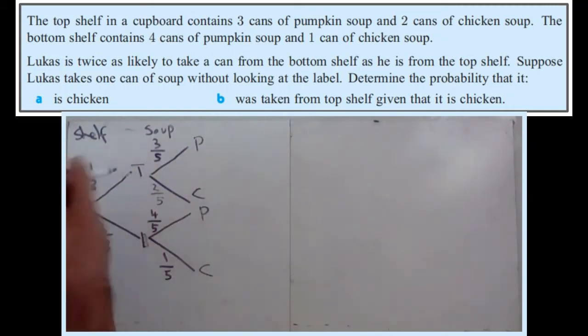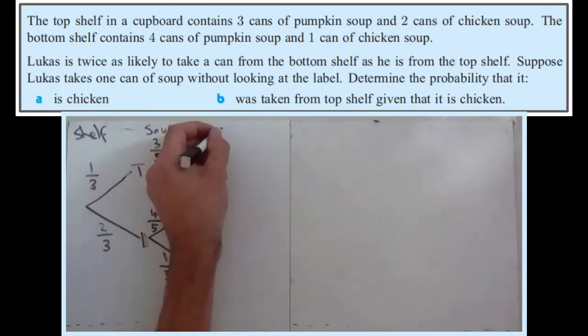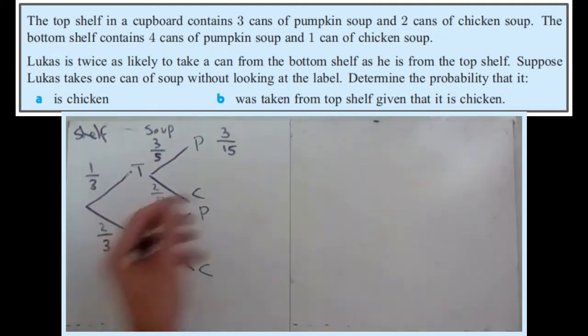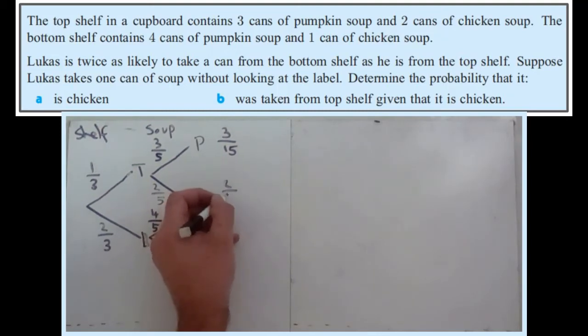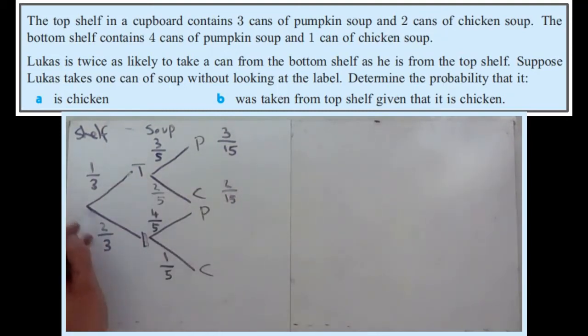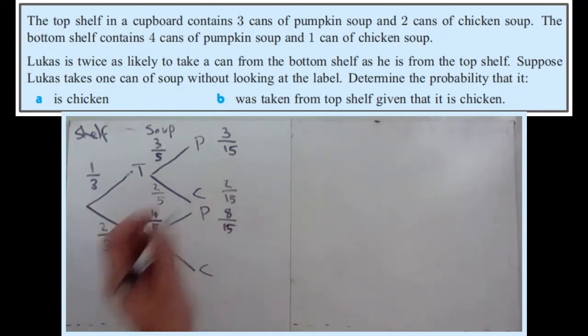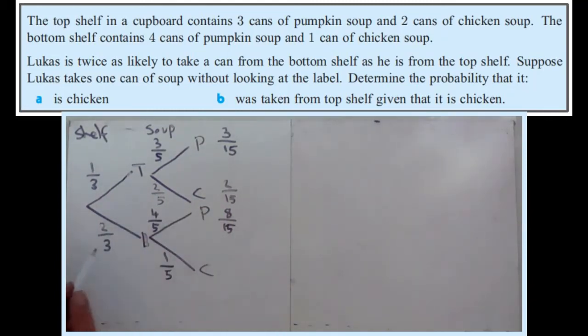So 1/3 times 3/5 is 3/15. Don't bother simplifying, it won't help. 1/3 times 2/5 is 2/15. 2/3 times 4/5 is 8/15. And 2/3 times 1/5 is 2/15.